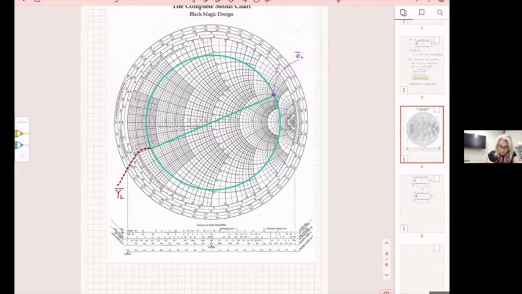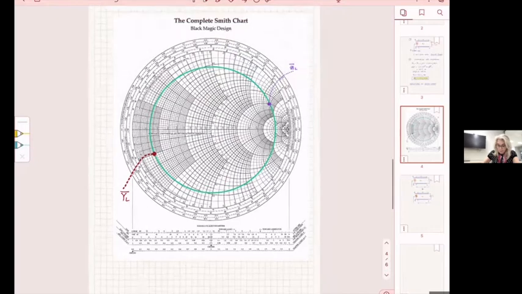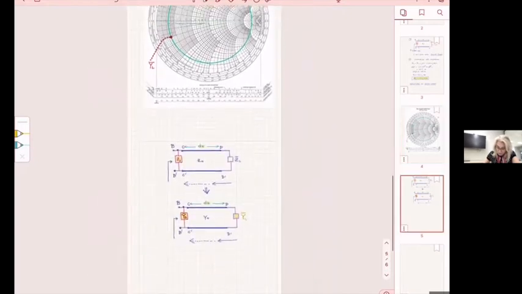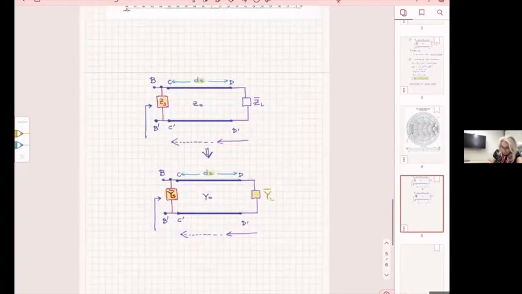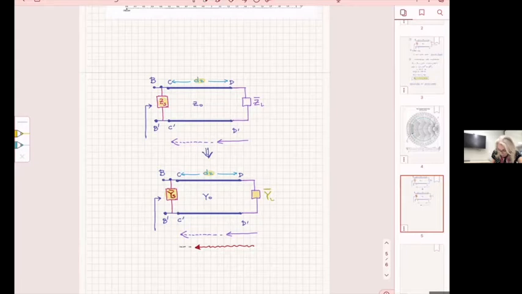And after I found that, I don't need this anymore. So I found that here. All right. Now I need to move on this line. I need to start moving until I'm ready to add a stub, a load.